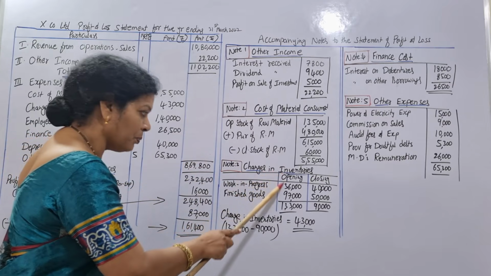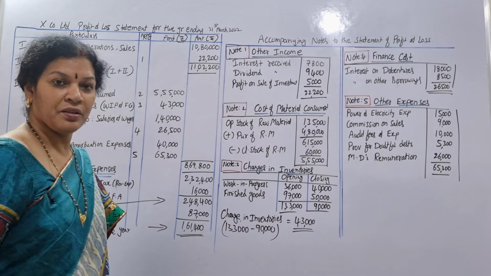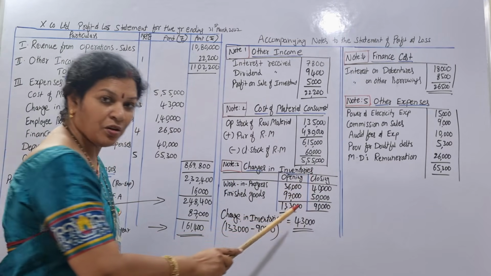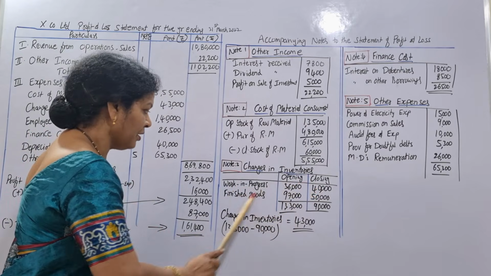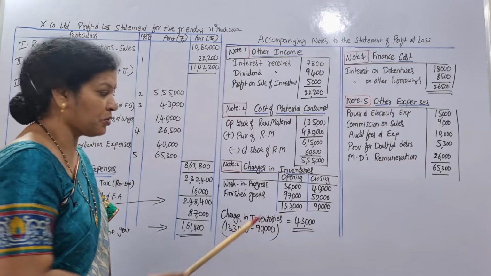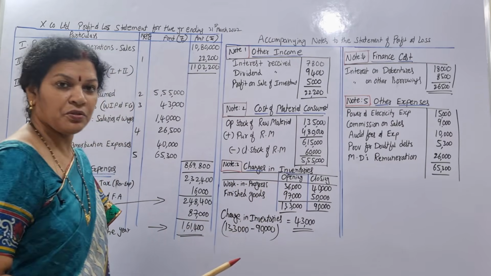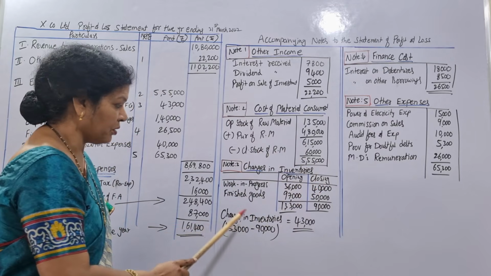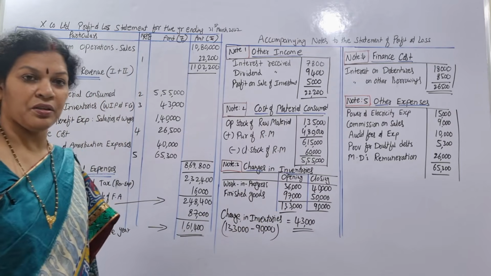So both openings we are taking: work in progress opening and finished goods opening, and closing is also given. Work in progress opening is 36,000, closing is 40,000. Finished goods opening is 97,000, closing is 50,000.